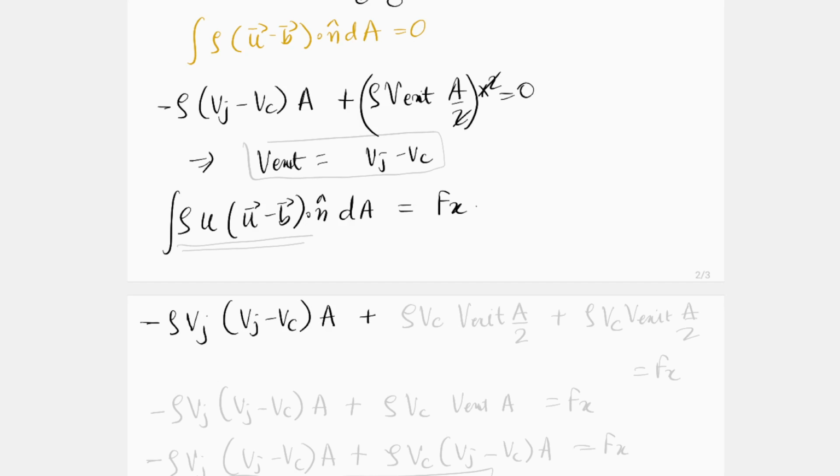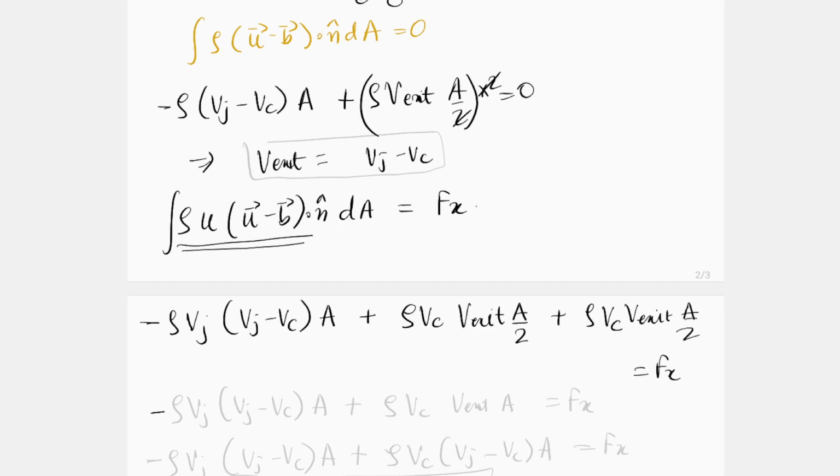Now at surfaces 2 and 3, for surface 2 we will have rho Vc times V exit times A over 2. This is the contribution of this particular integral at surface 2, plus at surface 3 we will have rho Vc times V exit times A over 2, and this will be equal to fx.